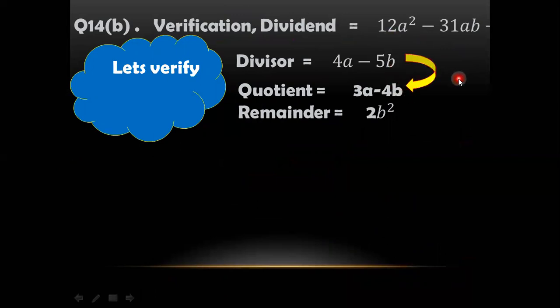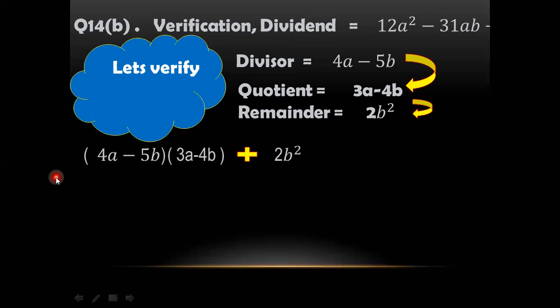So divisor and quotient, the product of these two I'm writing over here, divisor into quotient, and we have to add remainder to this product. Now I'm adding remainder, right? This is divisor, this is quotient, and plus divisor into quotient plus remainder, right?